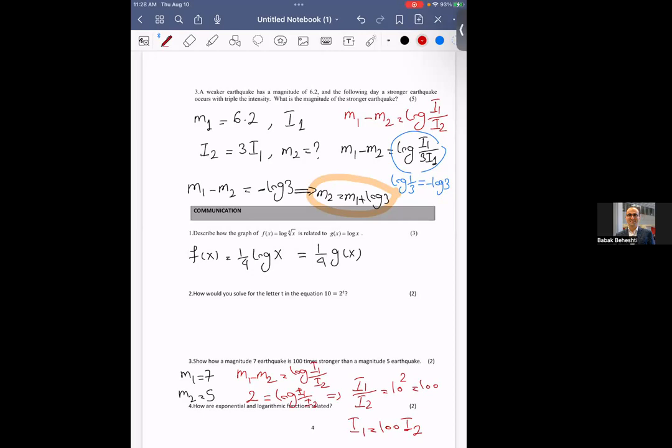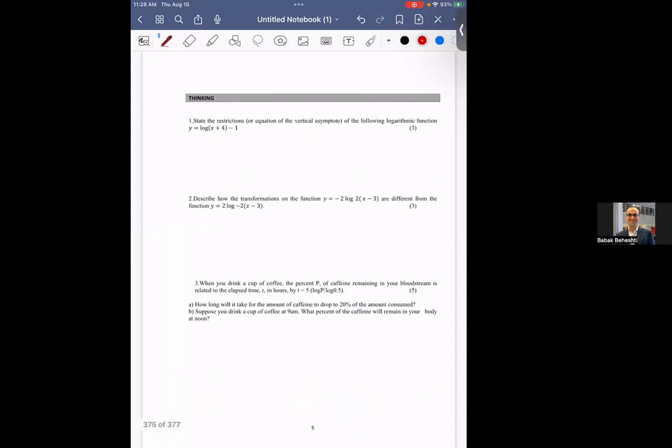Does it make sense? Okay, so next page. Any question?